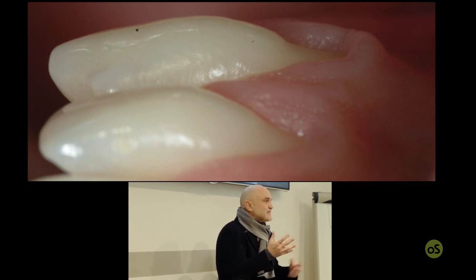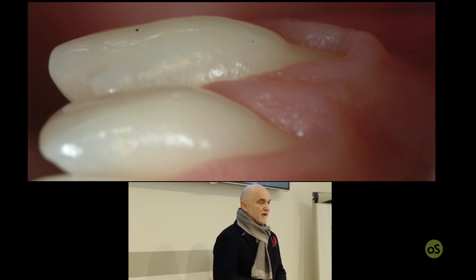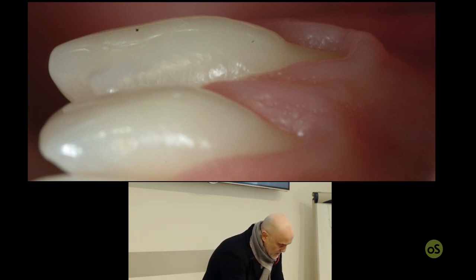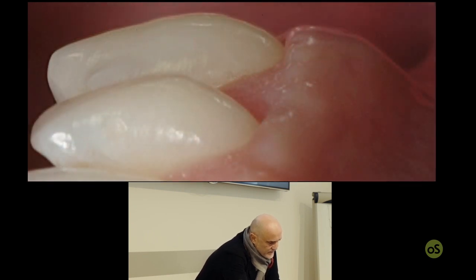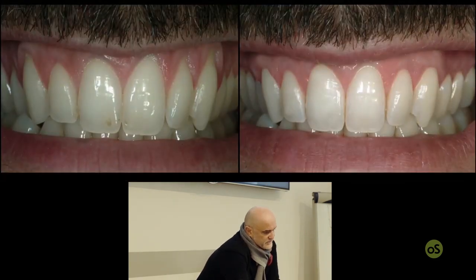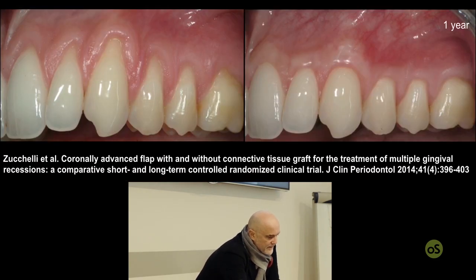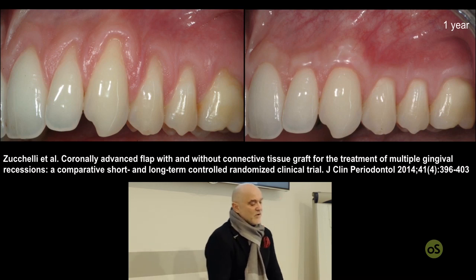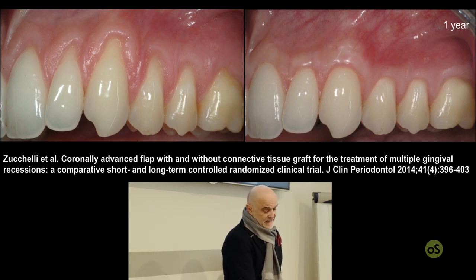So the patient will never see which teeth were treated with or without the adjunct of the connective tissue graft. And this is a very, very predictable procedure in terms of covering, in terms of long-lasting outcome, but also in terms of long-lasting aesthetic outcome.